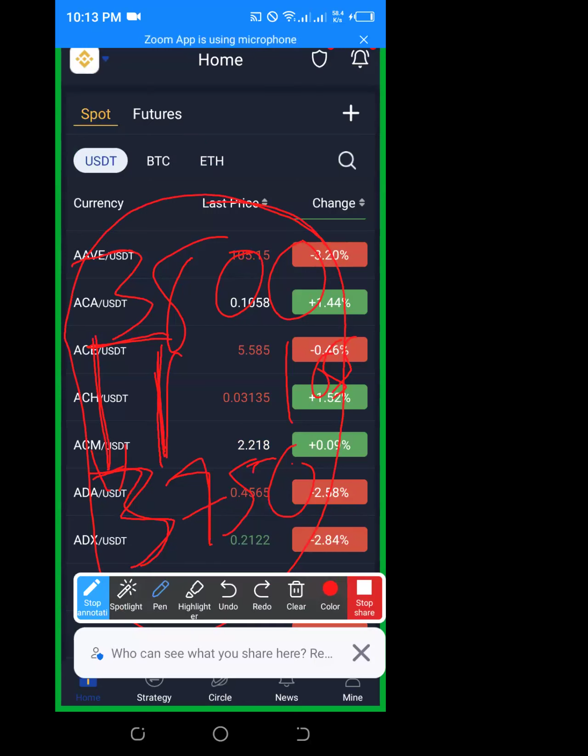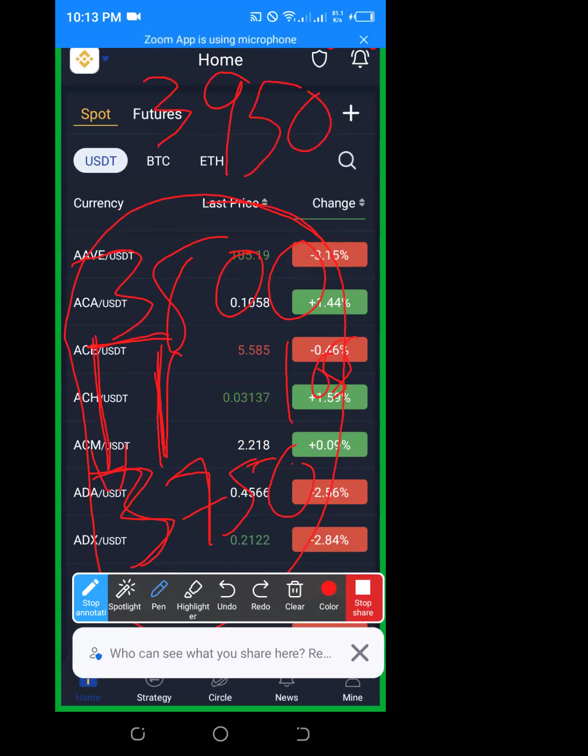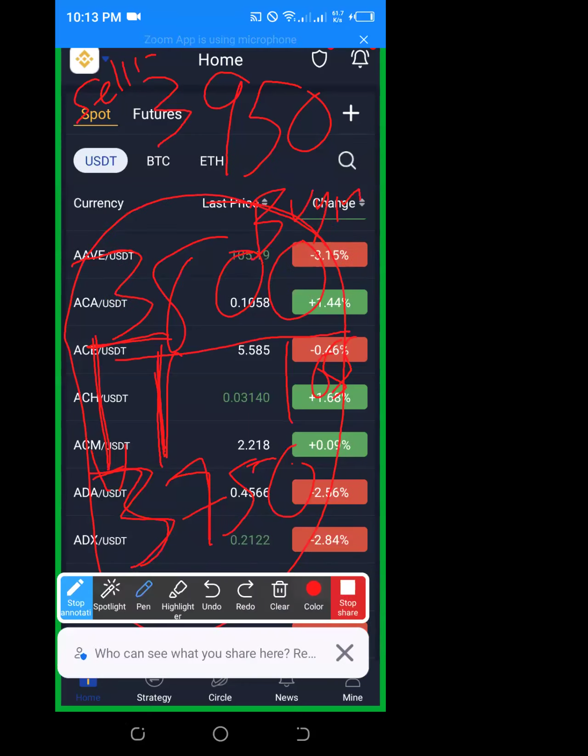Yet you are supposed to sell this asset at maybe 3,950. Let me say this is a selling point, and the 3,800 is a buying point.